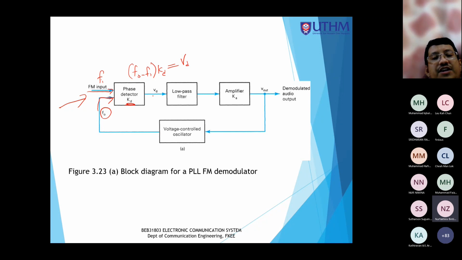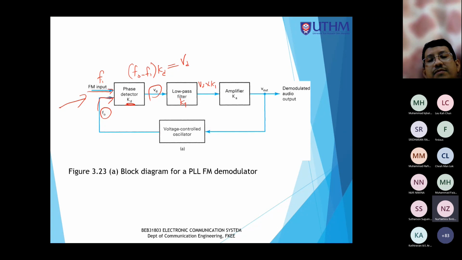So VD is the voltage difference. Then it is passed to the low pass filter, which has a sensitivity parameter, for example KL, for low pass.